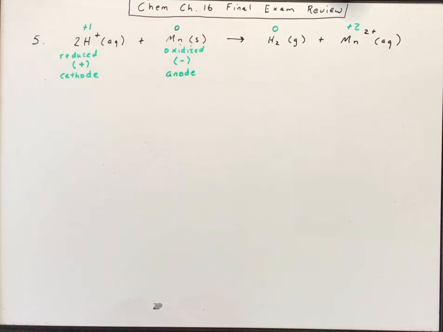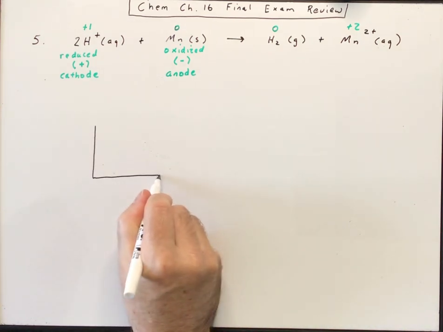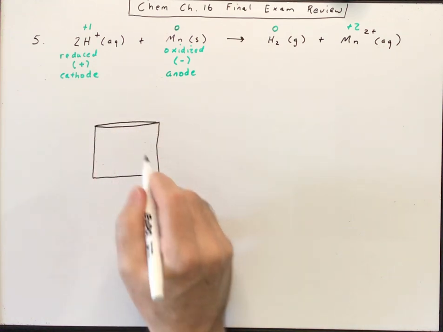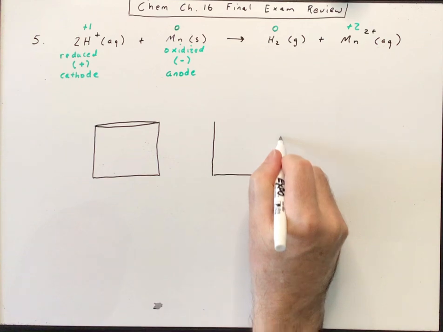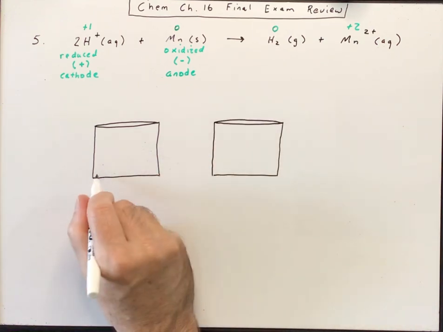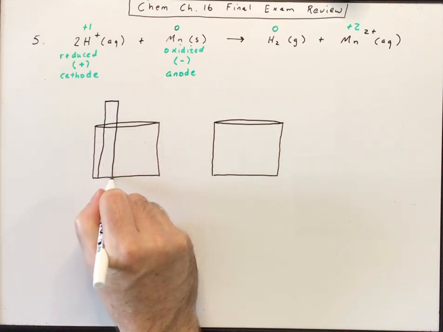So let me draw the basics of the galvanic cell. A couple of beakers. Very rudimentary. Couple of electrodes.